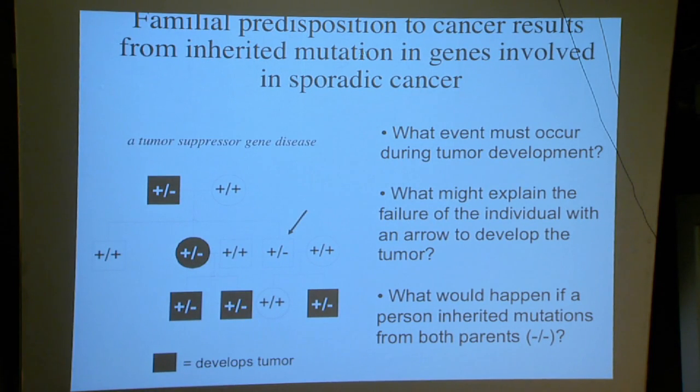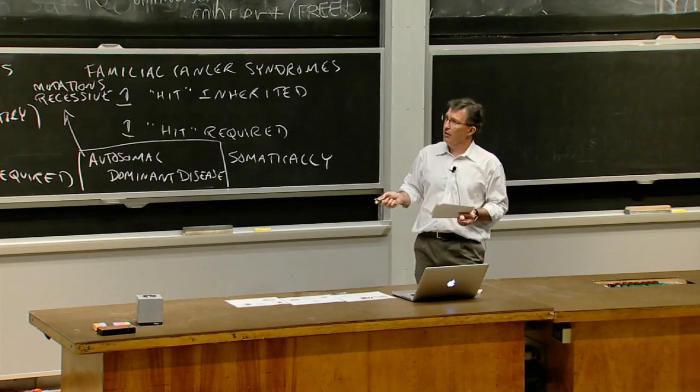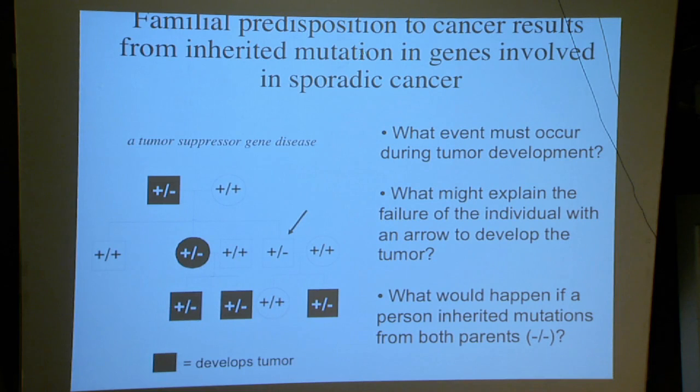The loss of the wild-type allele, either by a second mutation or a chromosome loss event. And that happens at very high frequency. In the case of retinoblastoma, it typically happens in a dozen cells in the developing retina, leading to an average of a dozen independent tumors in those kids.